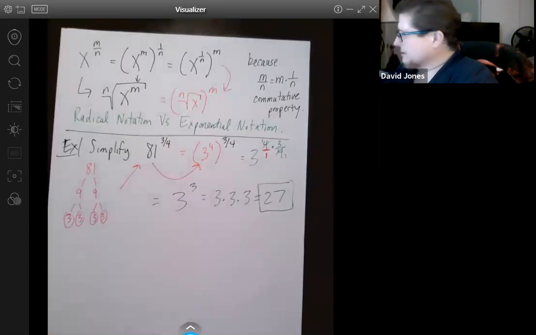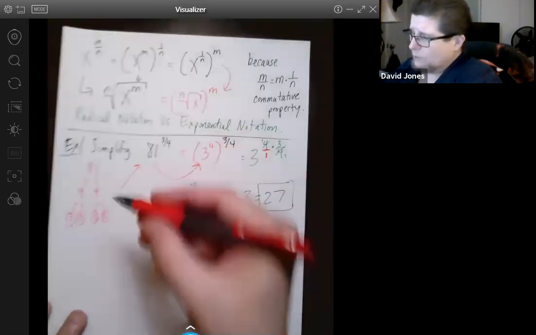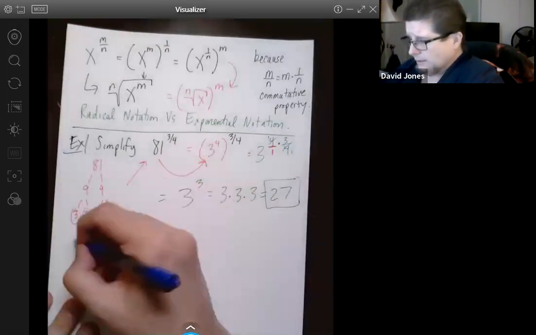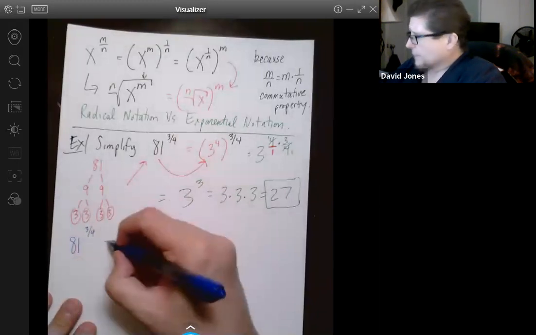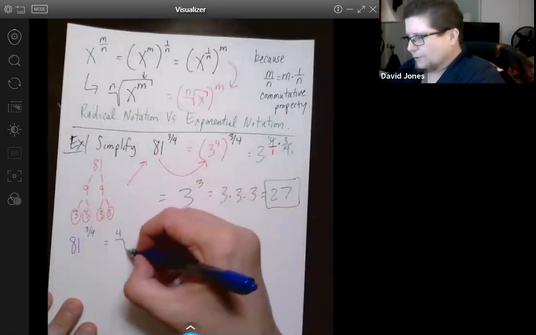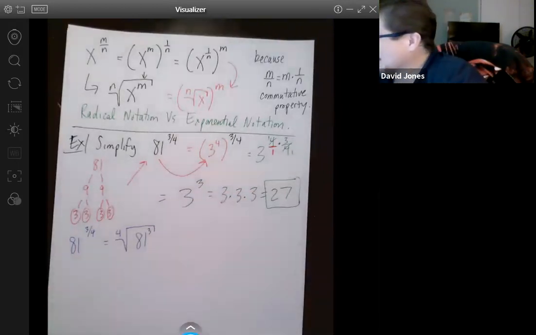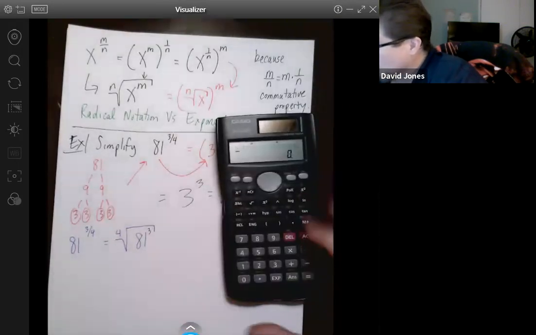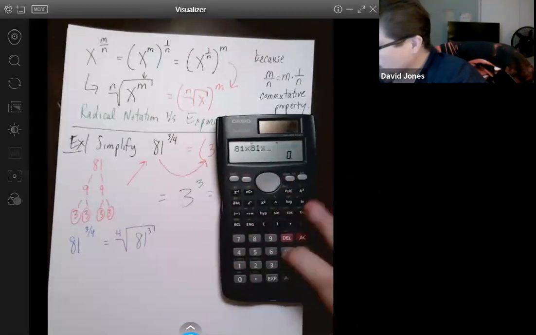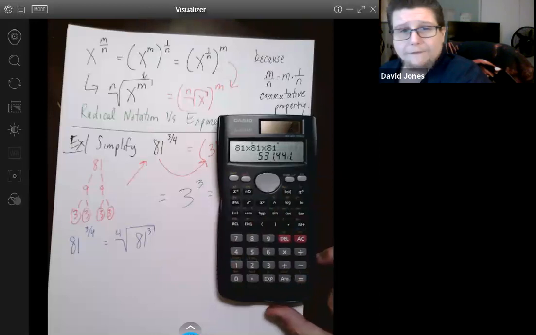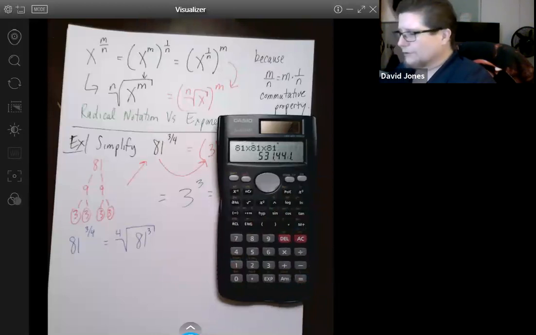I do want to point out, a lot of people like to work with this in radical form, and I really don't. I can rewrite 81 to the 3/4 as the 4th root of 81 cubed, but 81 cubed is ginormous. 81 times 81 times 81 is 531,441, and I don't know the fourth root of that.